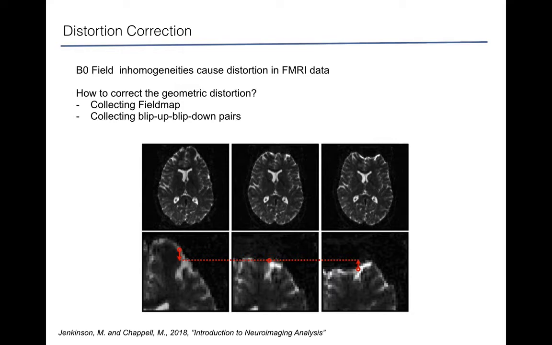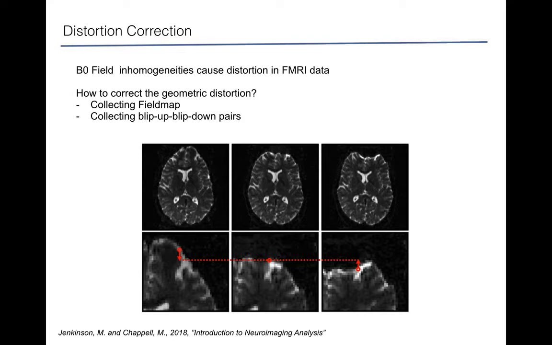So one thing to note is to be aware of this distortion and think about it ahead of time. These distortions are more severe if the area that you're interested in is close to them.